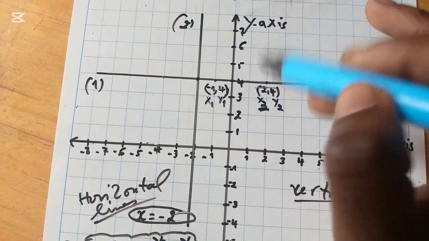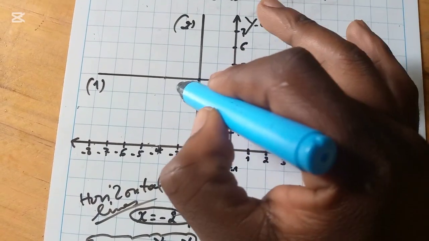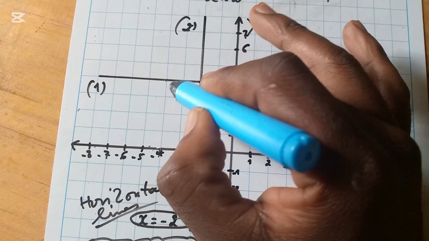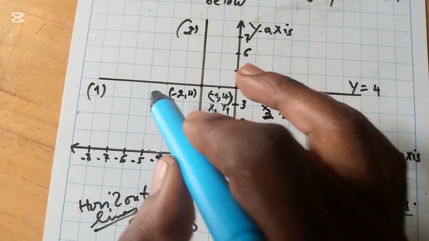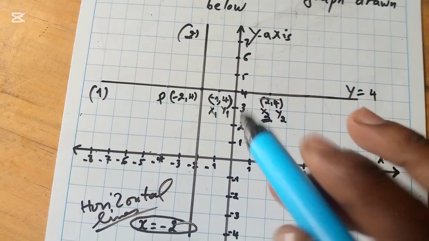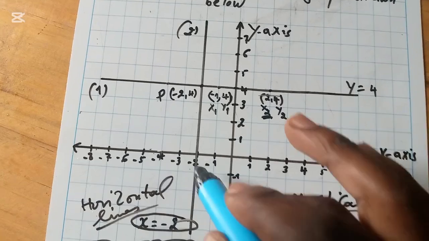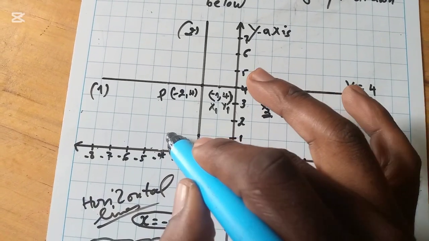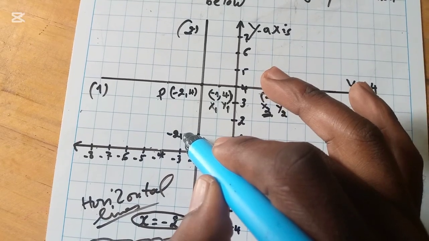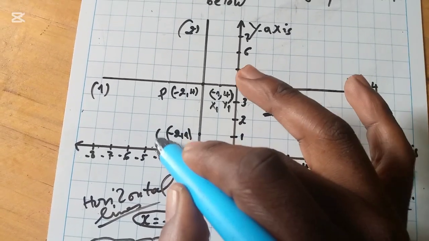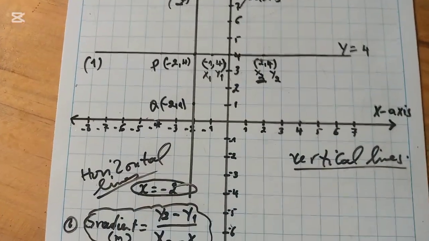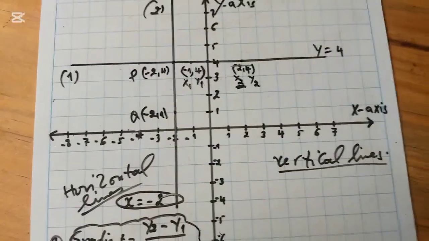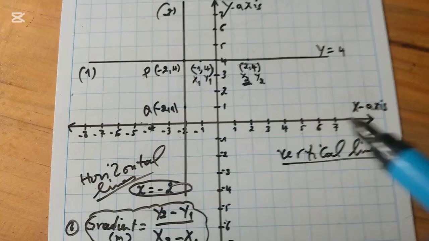Negative 2 and 4. Let me call this point P, and another point here will be negative 2 and 1. I call this Q. So to find the gradient, I use the same formula, right?